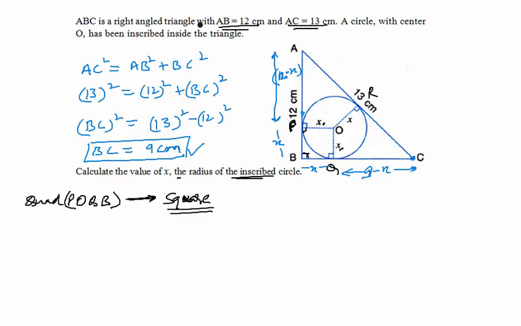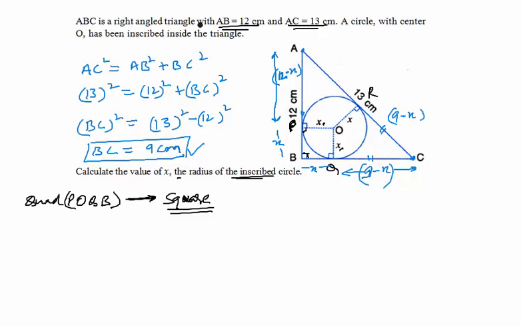So the lengths QC and RC should be of the same length. If QC is equal to 9 minus x, then RC should also be 9 minus x.